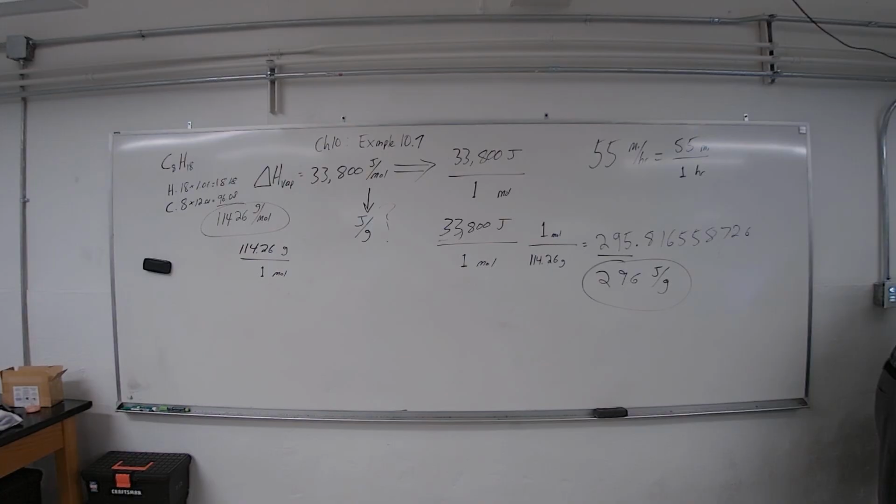That's not isooctane. Well, ever since they started using AI for searches, it's been terrible. So I just want to show you that it comes out very close. Kilojoules per mole.